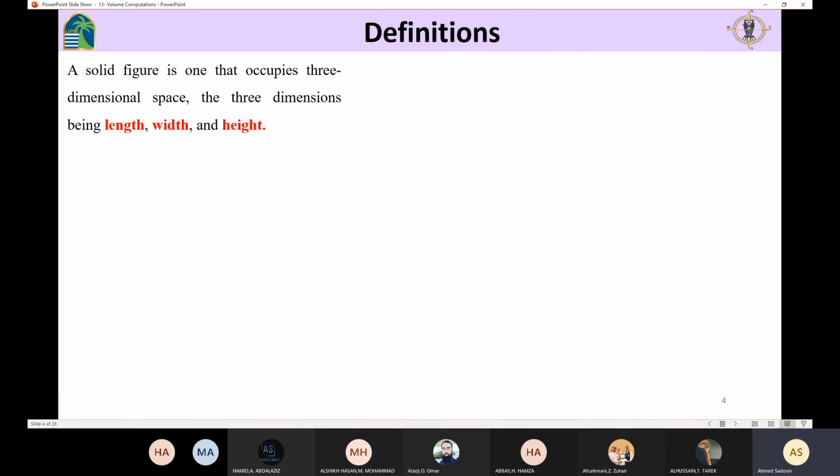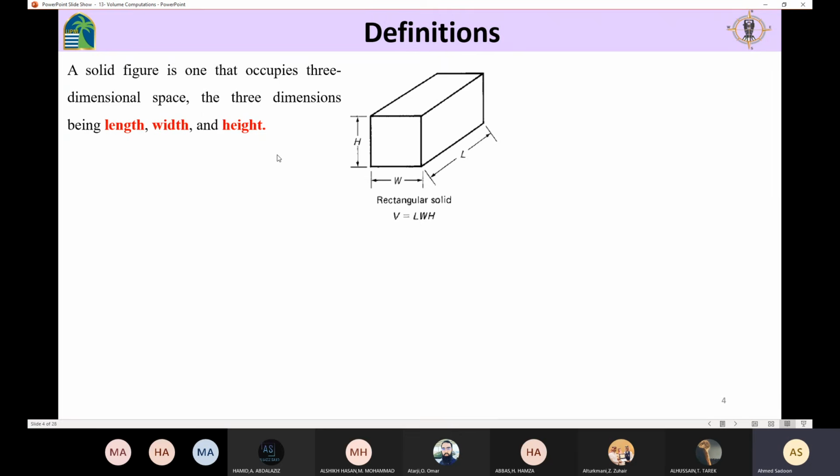So how do we determine the volume of the material? We know that a solid figure is one that occupies three-dimensional space, the three dimensions being the length, the width, and the height.